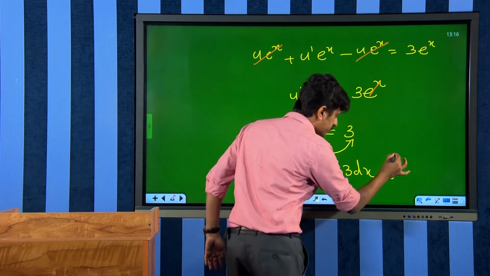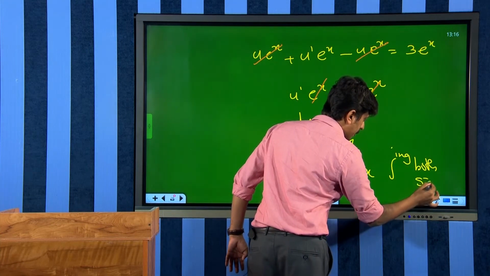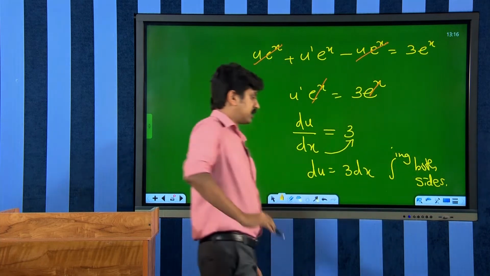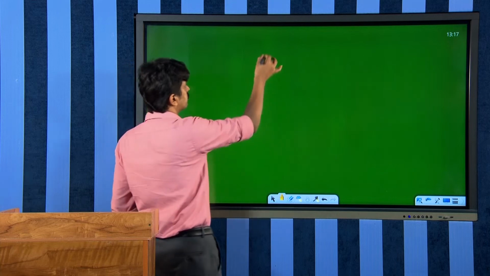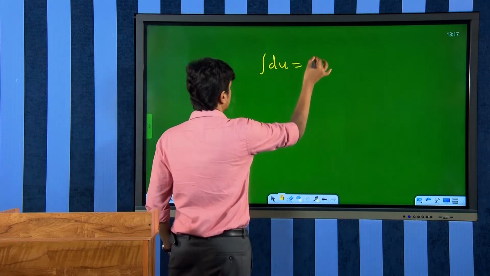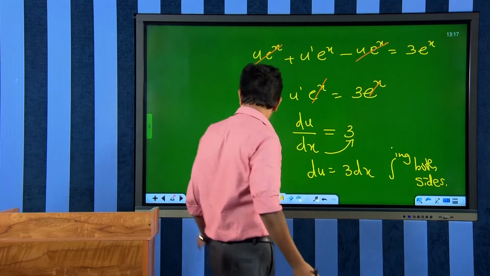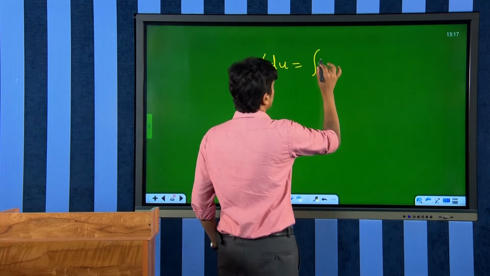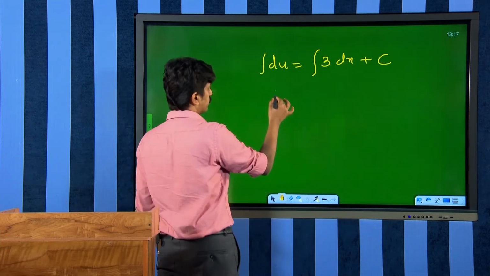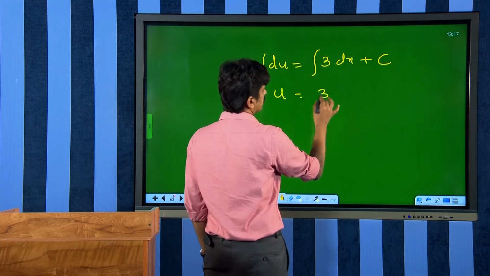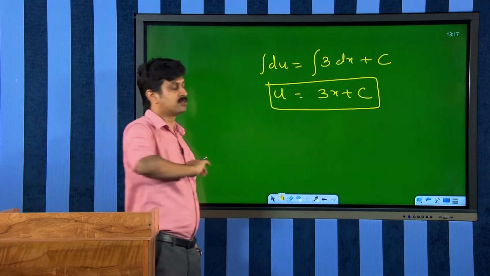Integrating both sides, integral of du is equal to integral of 3 dx plus c. Therefore, u is equal to 3x plus c.